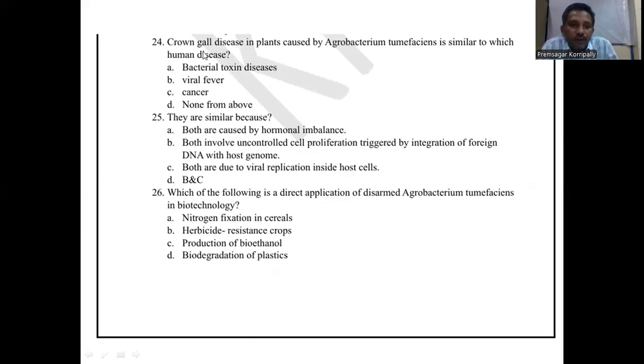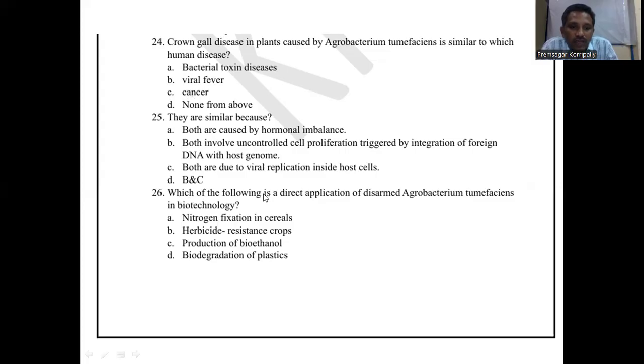The 24th question: crown gall disease in plants caused by Agrobacterium tumefaciens is similar to which human disease? Bacterial toxin disease, viral fever, cancer, or none of the above. Answer is cancer, because uncontrolled cell division happens and they form crown galls.